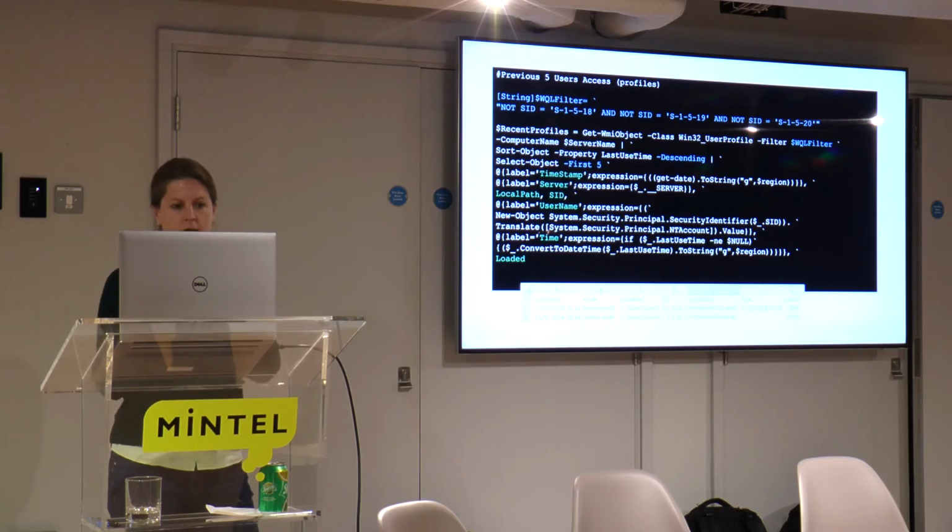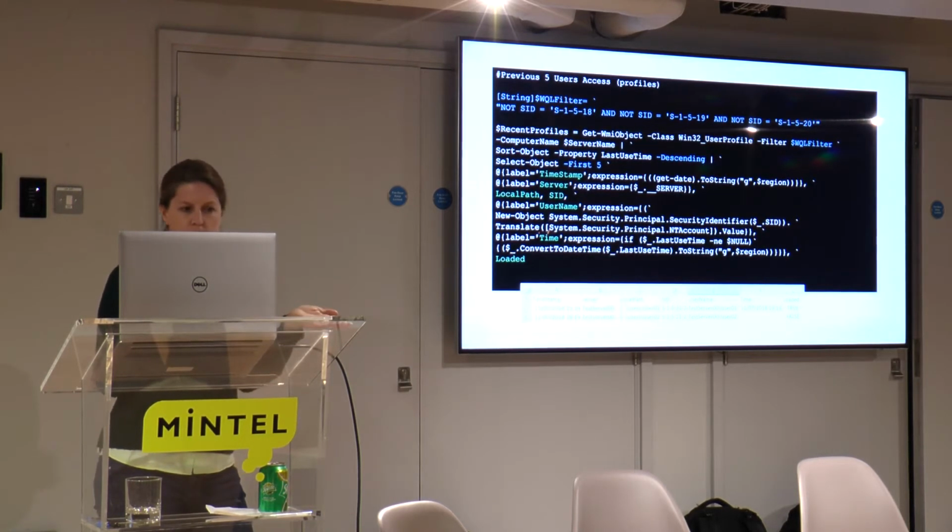A lot of people will scrape their data, so you scrape a whole website and dump it into a database. But here I'm collecting just the bits I need, and then I pipe it clean into a spreadsheet. Again, in green are the properties that end up in the file, and in blue I filter out things I don't want, like the SIDs, like system, local service, and network service.